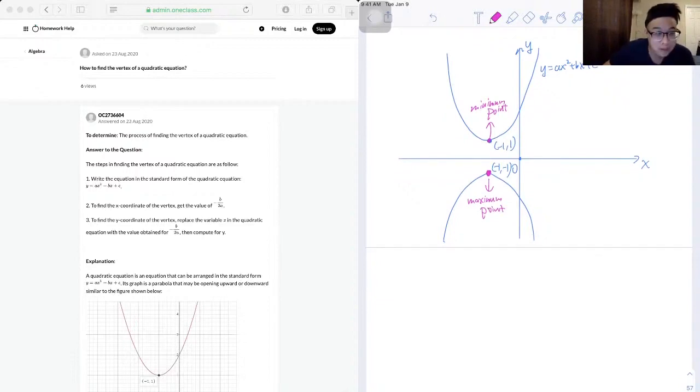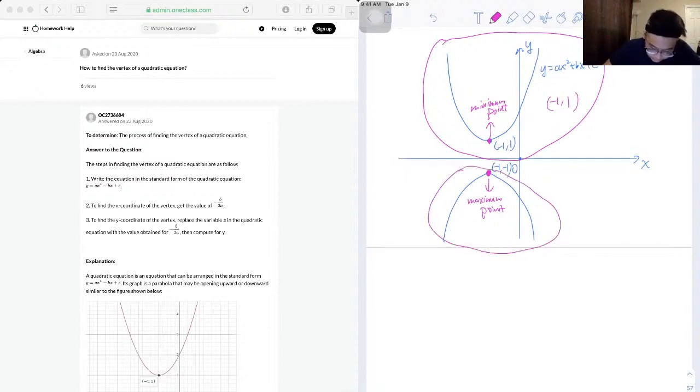So in the given example, the vertex of the parabola is represented by these pink dots. The vertex for the upper one is going to be negative 1, 1, and the vertex for the bottom one is going to be negative 1, negative 1.